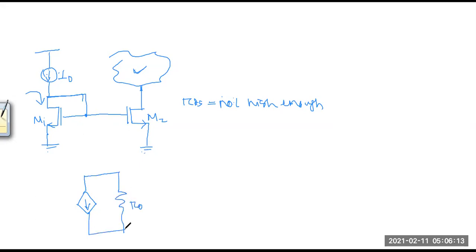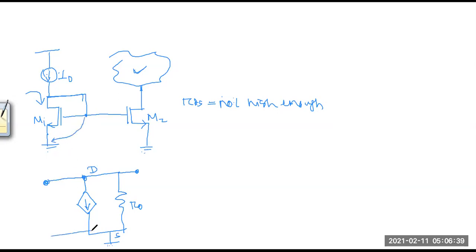This point is your ground, this is the source, and this point is the drain. The drain and gate are connected.